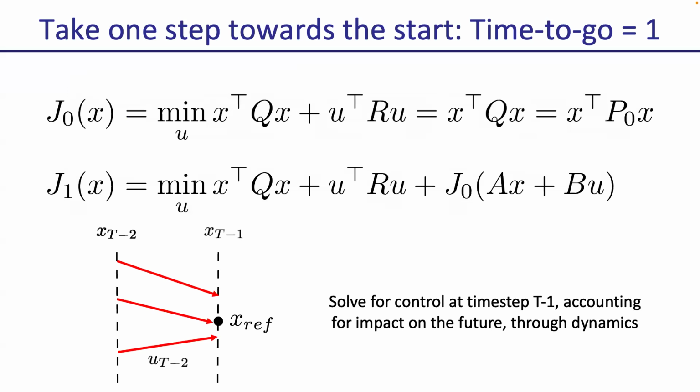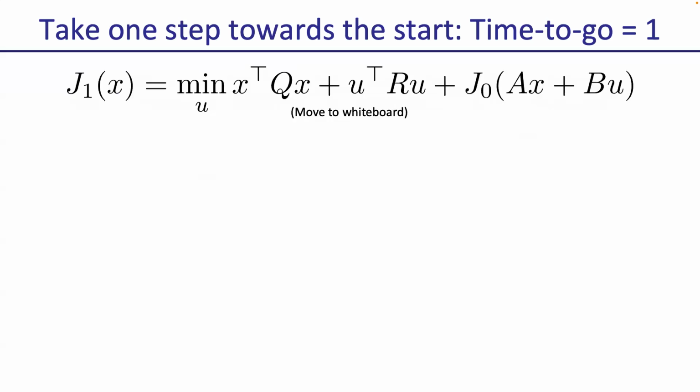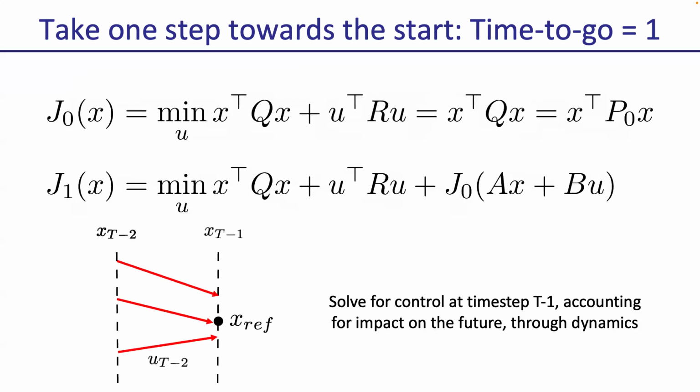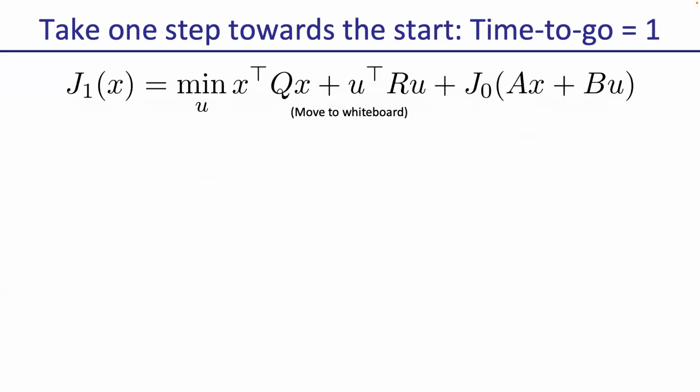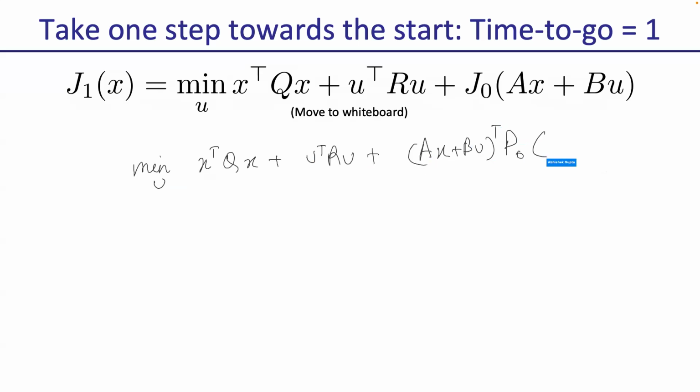So J1, we're just going to define J naught as X transpose P naught X, right? So first thing we'll do is we'll just substitute, right? So we can write this as min over U of X transpose QX plus U transpose RU plus (AX plus BU) transpose P naught (AX plus BU), right?